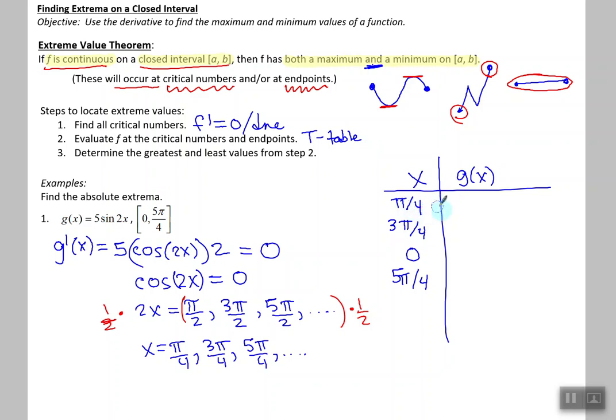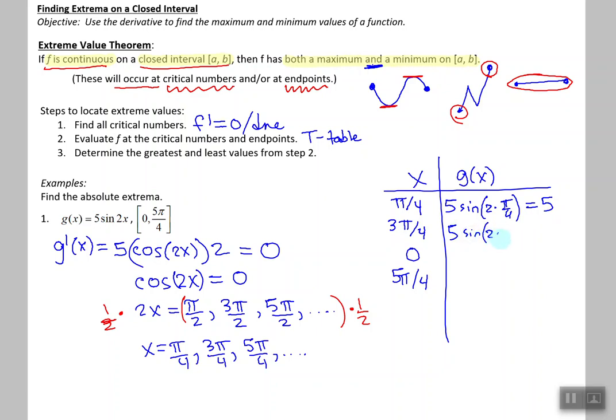Plugging in pi over 4 into our g of x function, our original function, we write 5 times sine of 2 times pi over 4, which makes pi over 2, and sine of pi over 2 is 1. 5 times 1 is 5. Then we plug in 3 pi over 4.